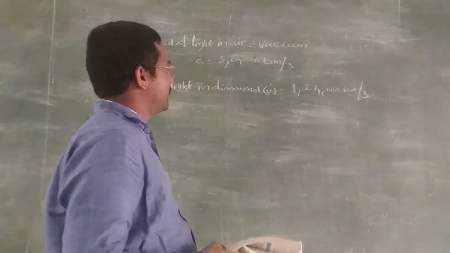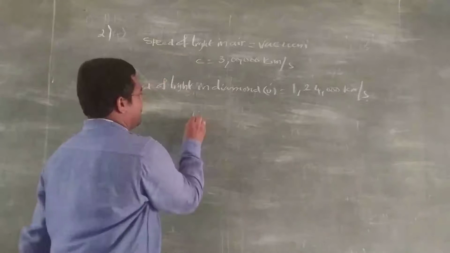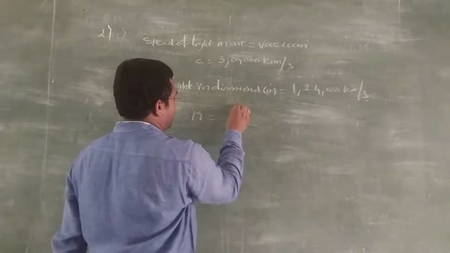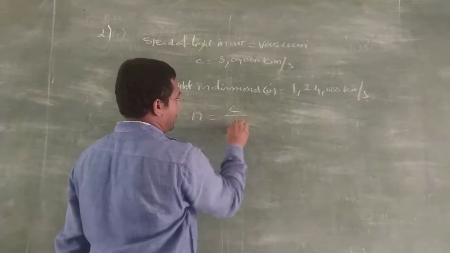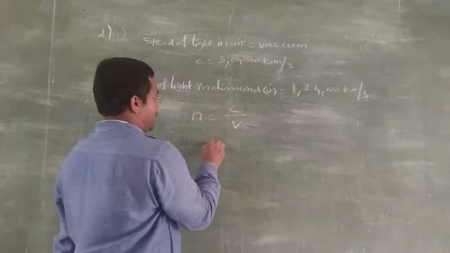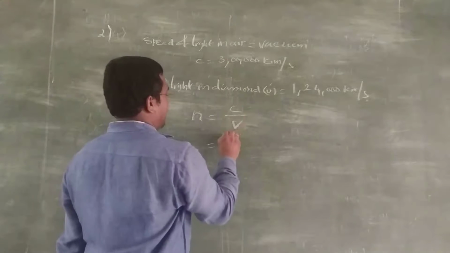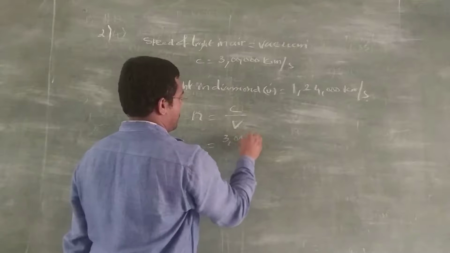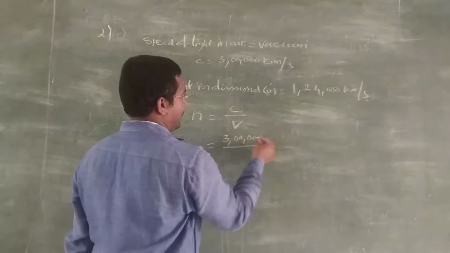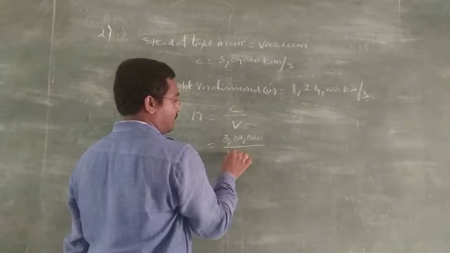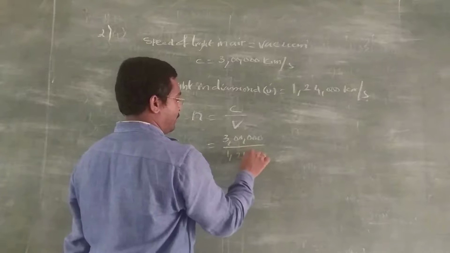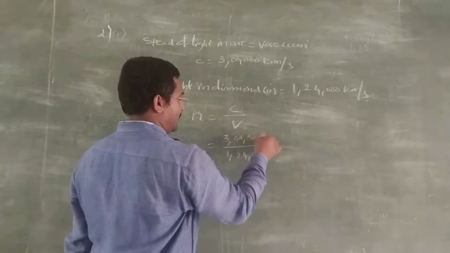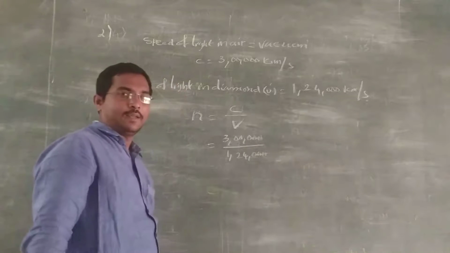See my dear, we want to substitute n is equal to speed of light in the vacuum by speed of light in the medium. So vacuum 3 lakhs by 1,24,000. So 3 zeros cancel here.